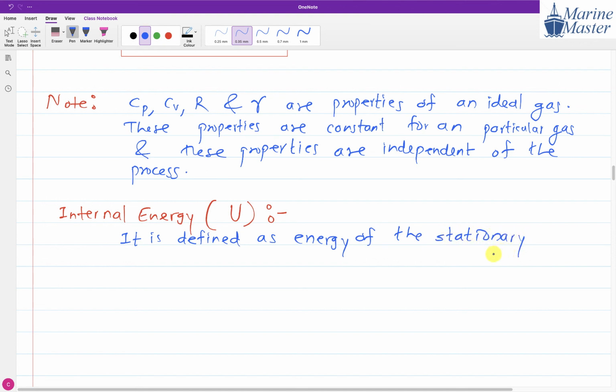Internal energy is defined as the energy of the stationary fluid.